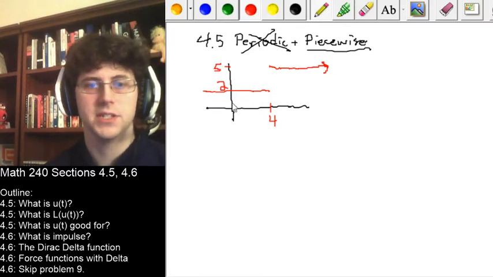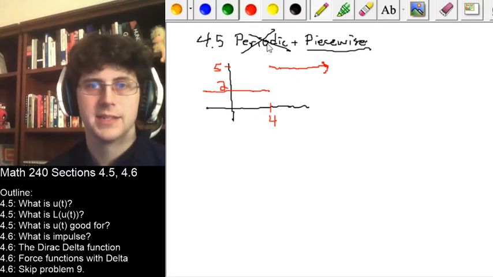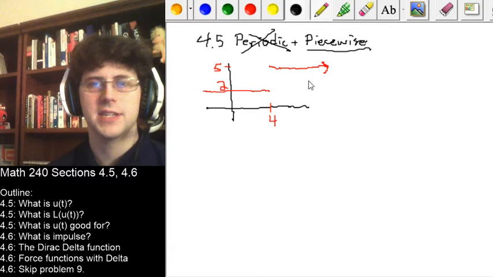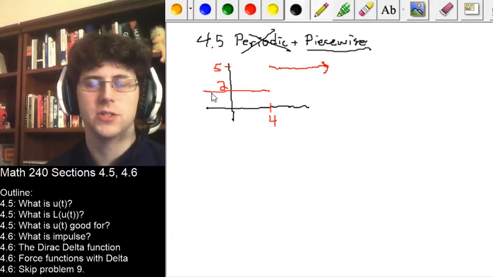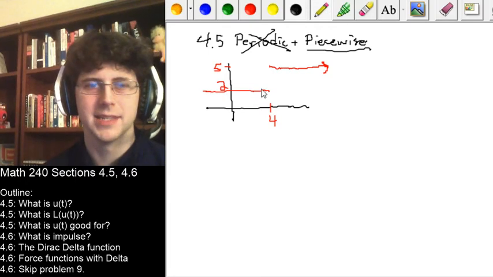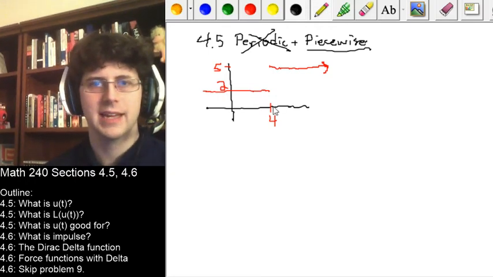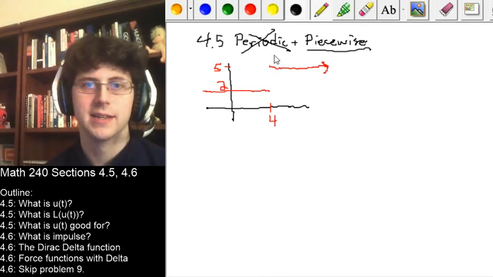So the function is 2 before time 4, and then it's 5 after time 4. It's kind of a weird function. You can imagine a function as like a force function in this class. So this would be like there's 2 newtons of weight hanging from the spring, and then suddenly at time 4 you like hang extra weight from the spring. So the weight goes up, force function changes suddenly.